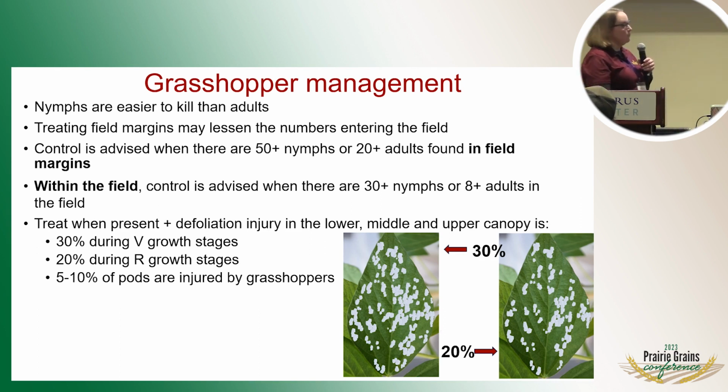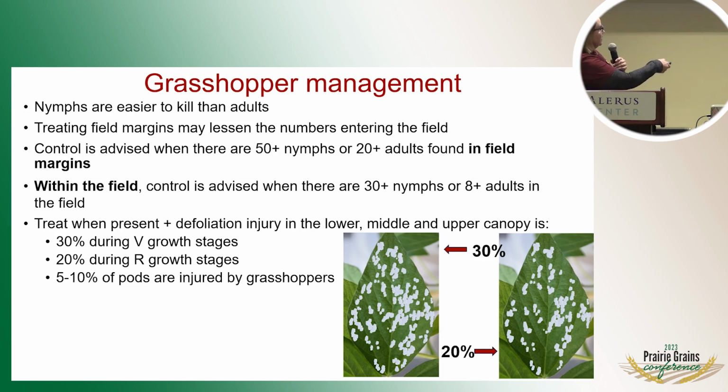Especially when you have multiple defoliators in the field, this becomes handy: we also have defoliation injury-based treatment thresholds. In vegetative soybeans, we go with 30% defoliation injury.